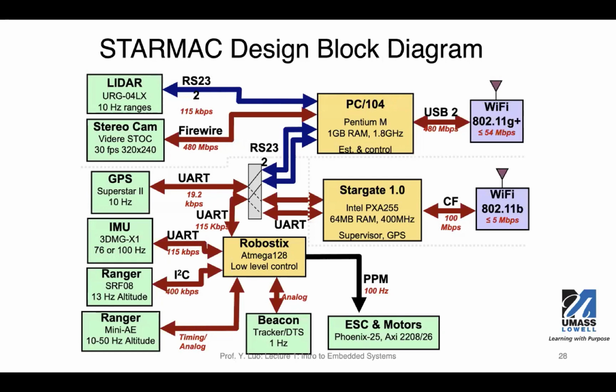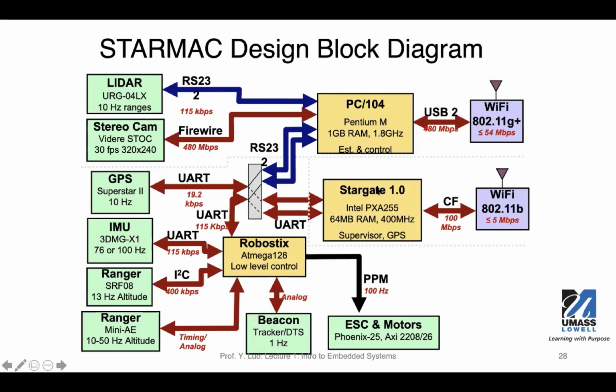You can recognize some of them: GPS, camera, LiDAR, which is a very precise distance sensing method using short-range radar, and IMU, which is the one we're actually going to use in the second lab.